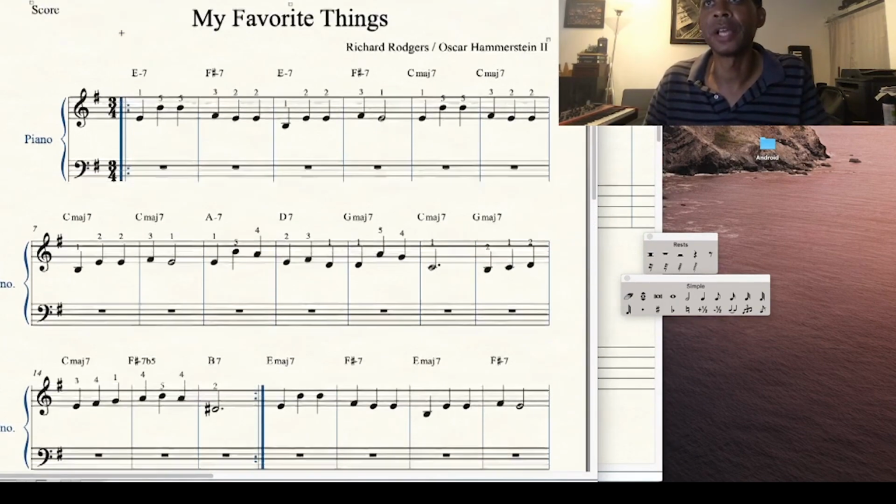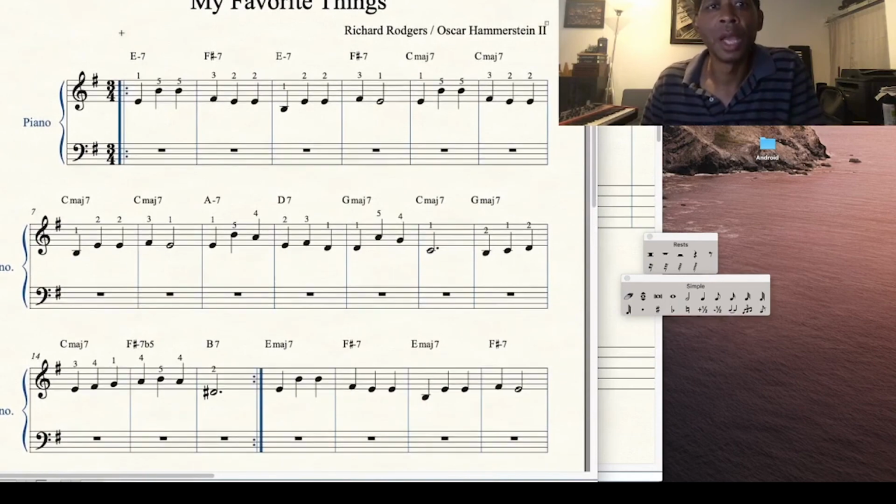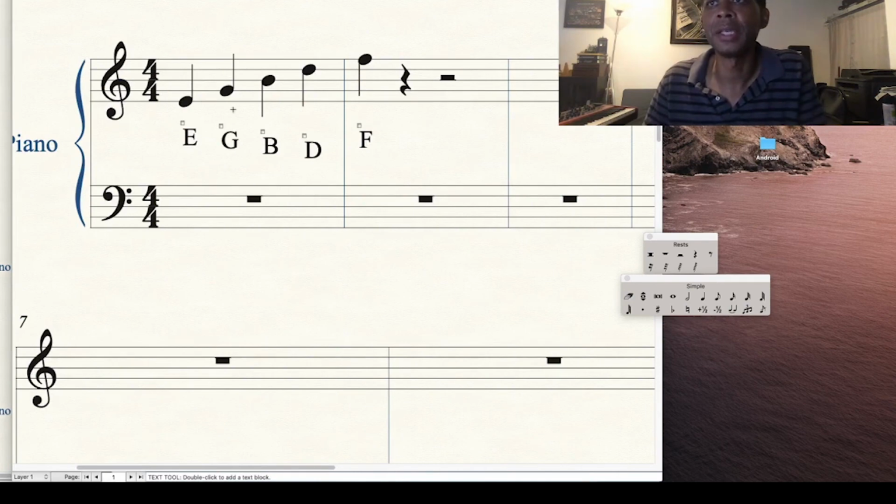This is My Favorite Things. And we're gonna work on this a little over the next week or two. And basically, we're gonna start with the notes on the staff. Everything is in between what we learned today, between F-A-C-E and E-G-B-D-F.